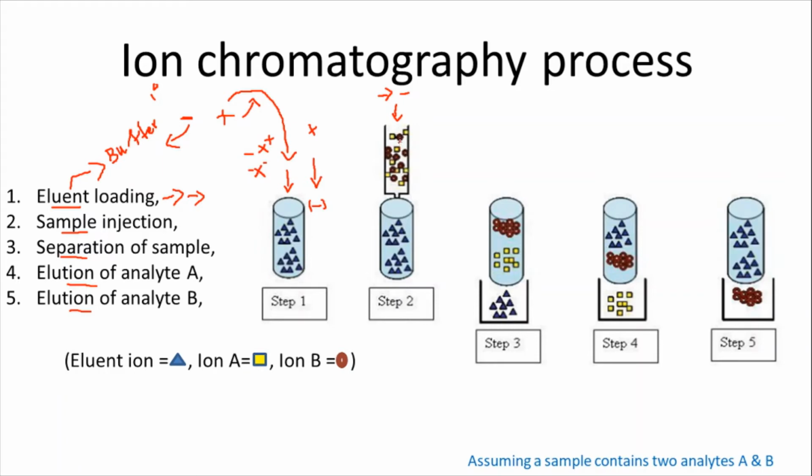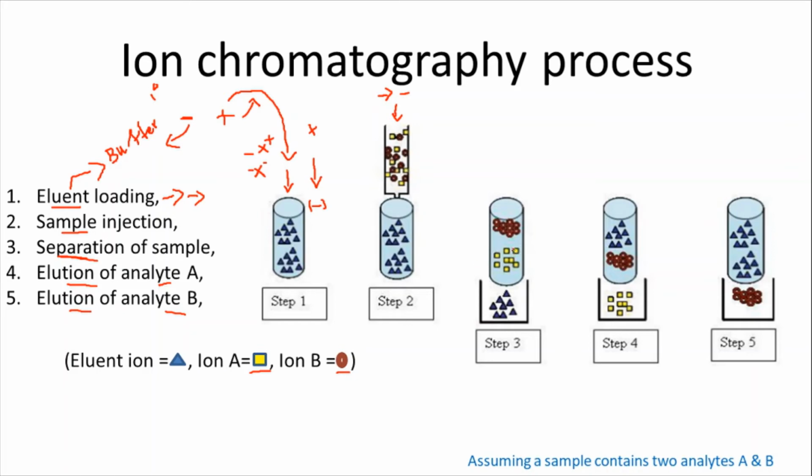Just consider the sample contains only two molecules, analyte A and analyte B. The yellow square is analyte A. The brown circle is analyte B. Sample is injected. The third step is separation of the sample.